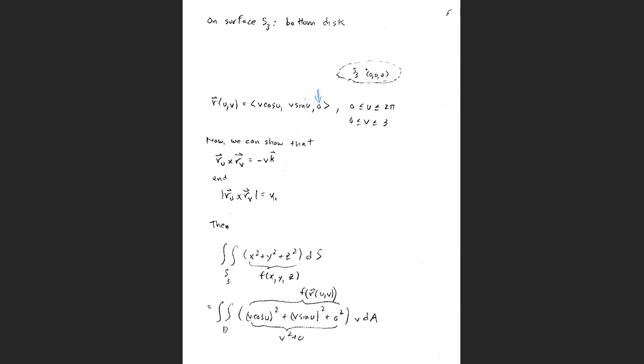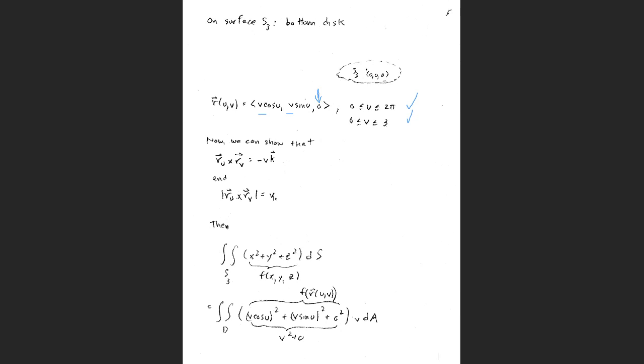See, that's the difference. That's why you can't use this. It's a different parameterization. The top disk, z was equal to 2. The bottom disk, z was equal to 0. But of course, the v cosine u, v times sine of u are the same.